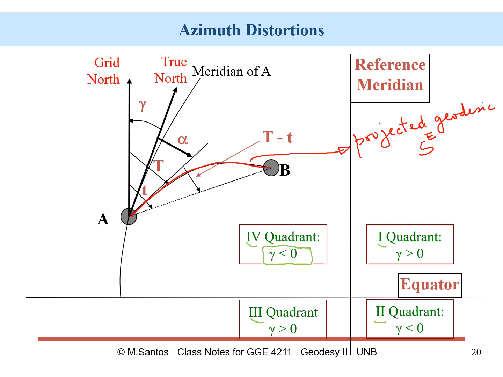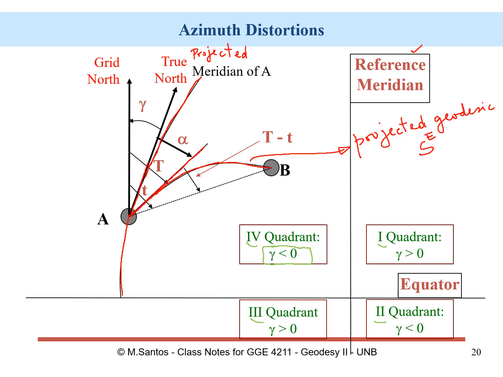What we have here, the other quantity, is the meridian that contains point A, which is also curved with respect to the reference meridian. Okay, so we can call this the projected meridian of point A. The direction, of course, is counted from the tangent to the shortest distance.